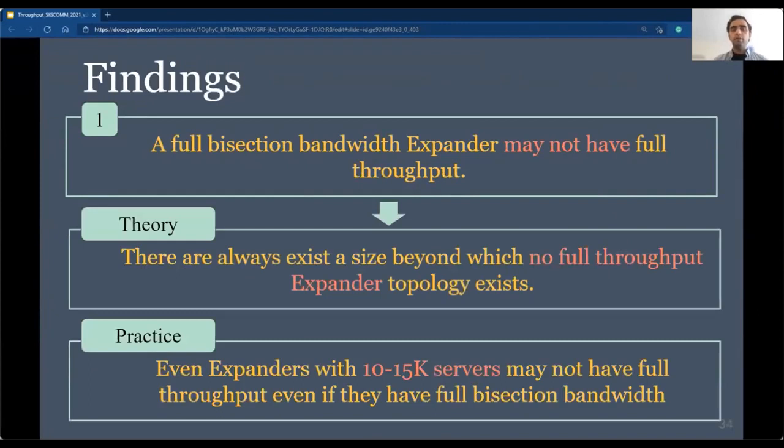More specifically, we theoretically prove that for any expander-based topology, independent of the exact structure, there always exists a scale beyond which no expander-based topology can have full throughput. This number for the state-of-the-art expander-based topologies is between 10 to 15K servers for some parameter choices. So there exist instances of these topologies with only 10 to 15K servers that are not non-blocking, even though they have full bisection.